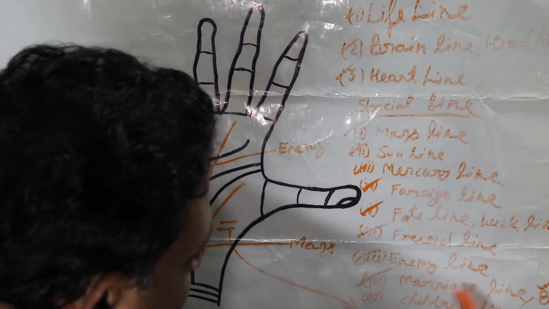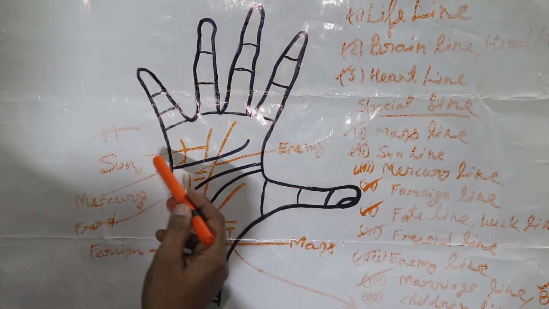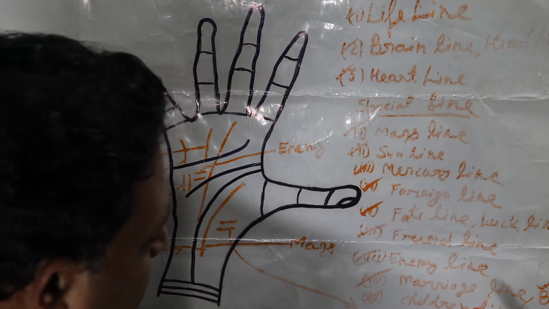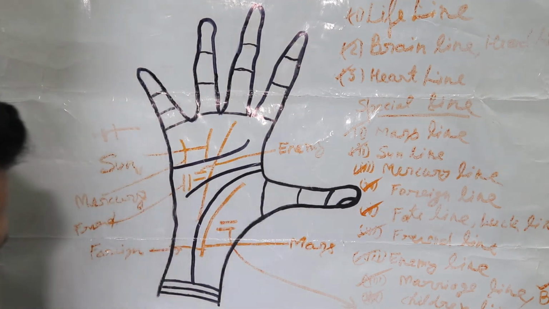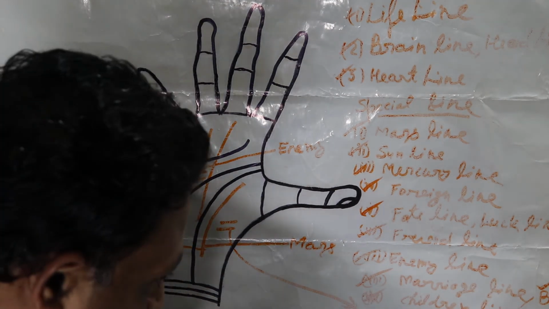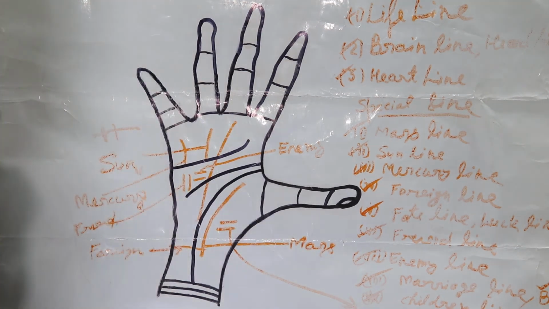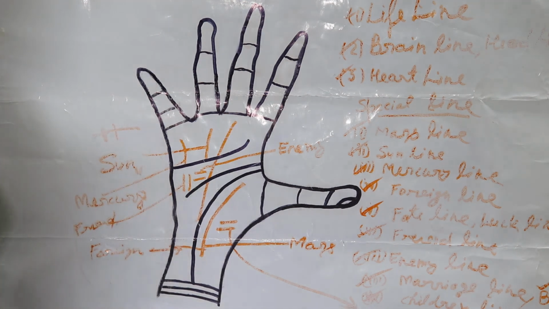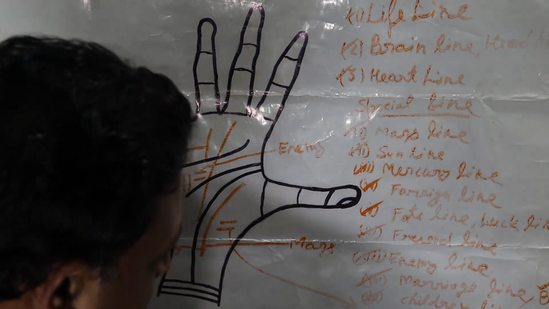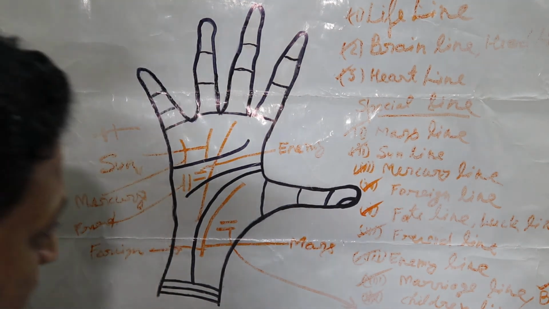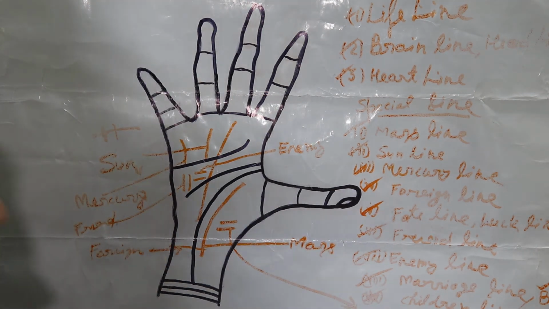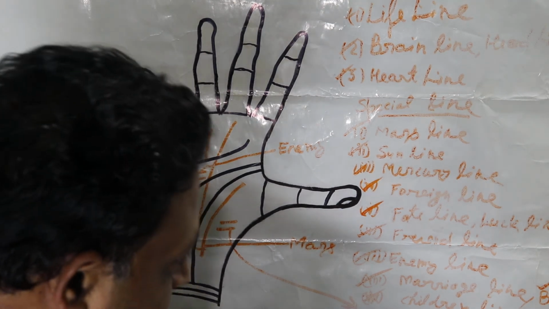Next is the marriage line. The marriage line is somewhere here, so we can predict about marriage, when a person's marriage will be performed, and what type of marriage it will be, good, or whether there are some issues with his marriage relationship.